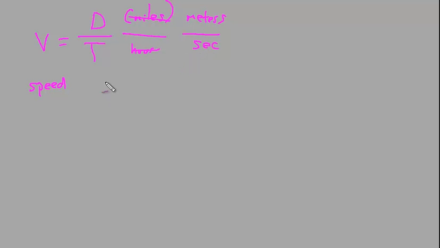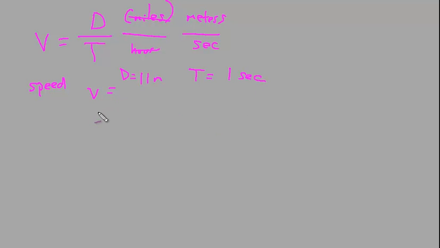Okay. Now to get started, let's do an easy one. Let's say that we want to find the velocity of a cart that has gone 11 meters. That's the distance. And the time it took to do that was, let's make it easy, 1 second. Okay.